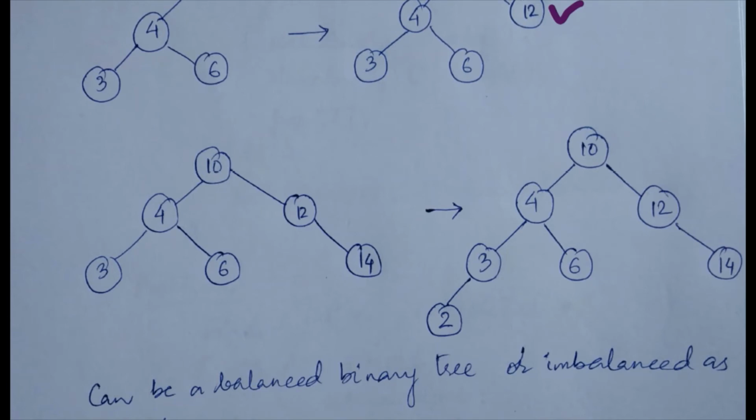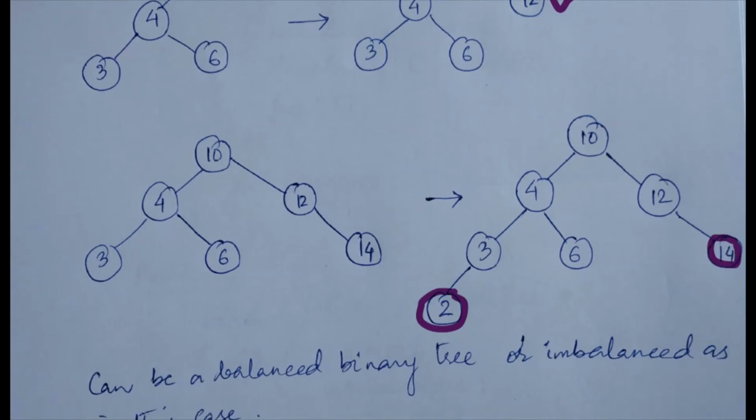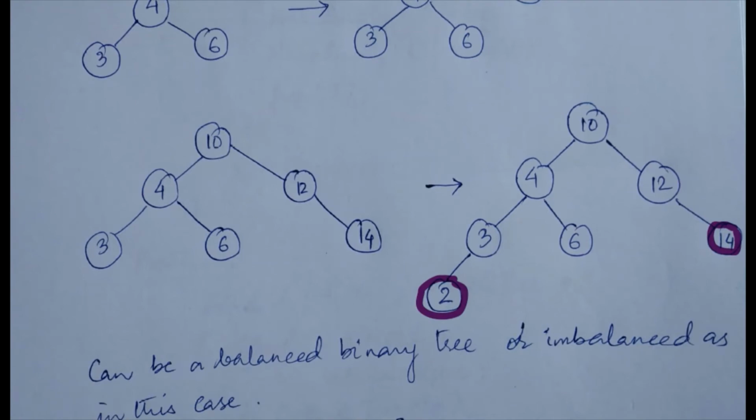So if you start at the root and take only the left pointers till the end, you will find the least element in the binary search tree. And when you start at the root and keep on taking right, you will find the maximum element of the binary search tree. So the minimum element in a binary search tree lies on the leftmost side.